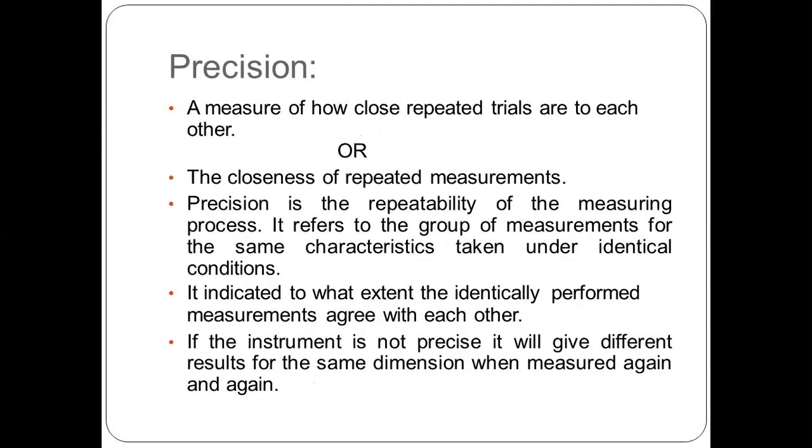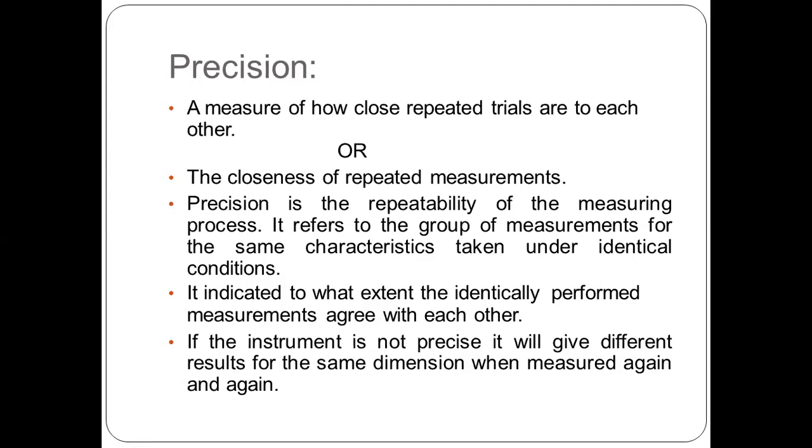Then the second thing is precision. So what is meant by precision? Precision is a measure of how close repeated trials are to each other, meaning the closeness of repeated measurements. In accuracy, we find the value which is very close to the true value.